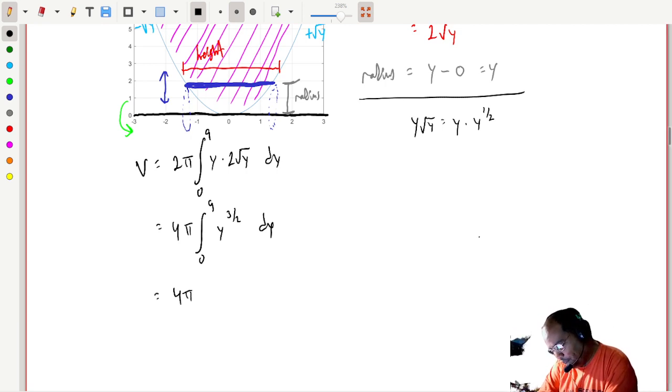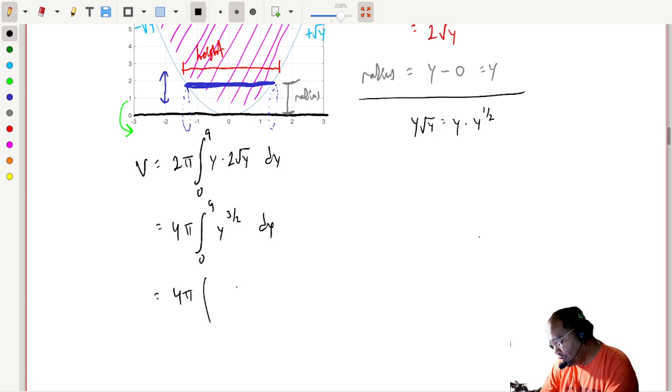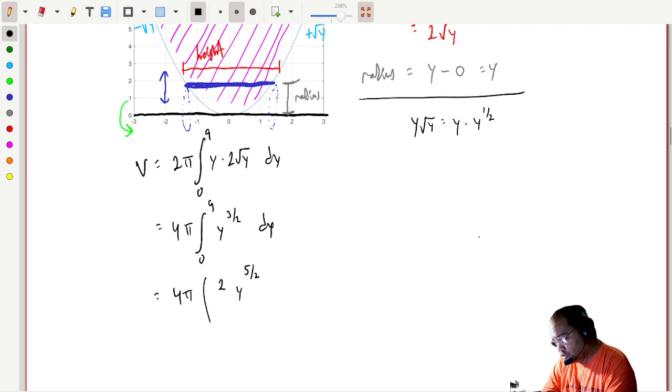So we'll have a 4 pi, and thankfully, the evaluation at 0 is going to be 0, but let's write out everything. Y to the 5/2, that's 5 there. Then we divide by that new exponent, but dividing by 5/2 is the same as multiplying by 2/5. Keep, change, flip, right?